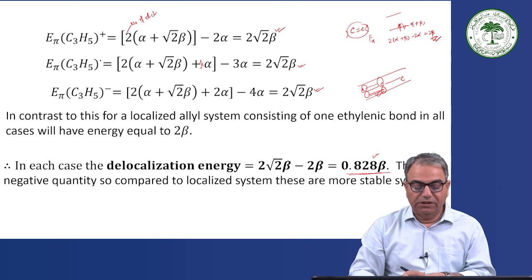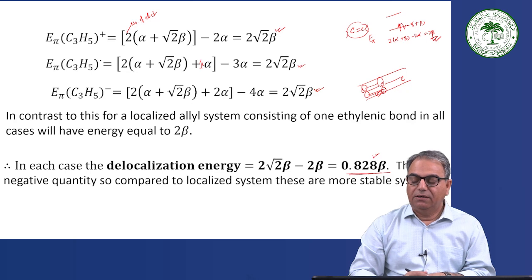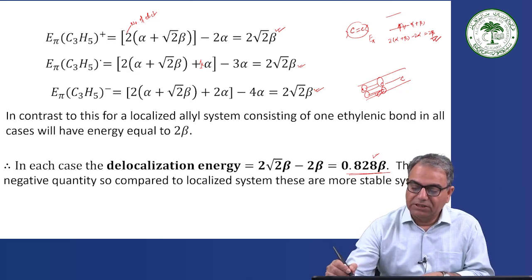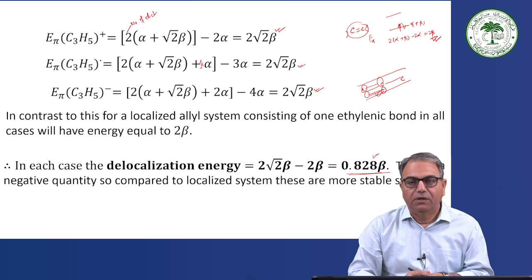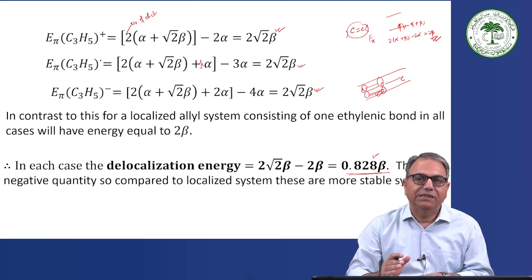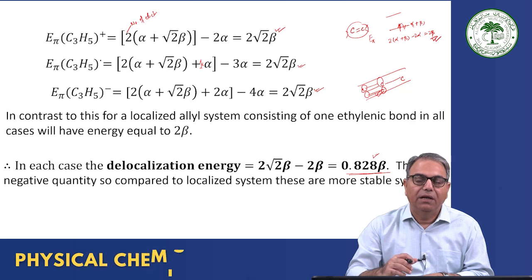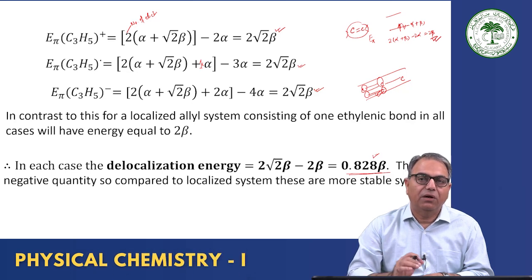Okay. So, this is a negative quantity. Compared to the localized system, these are obviously more stable systems, because now the system is delocalized, and delocalization leads to stabilization, that you know. Okay. So, the results which we are getting from HMO are exactly the same as what we should have obtained, and which we are already aware of.